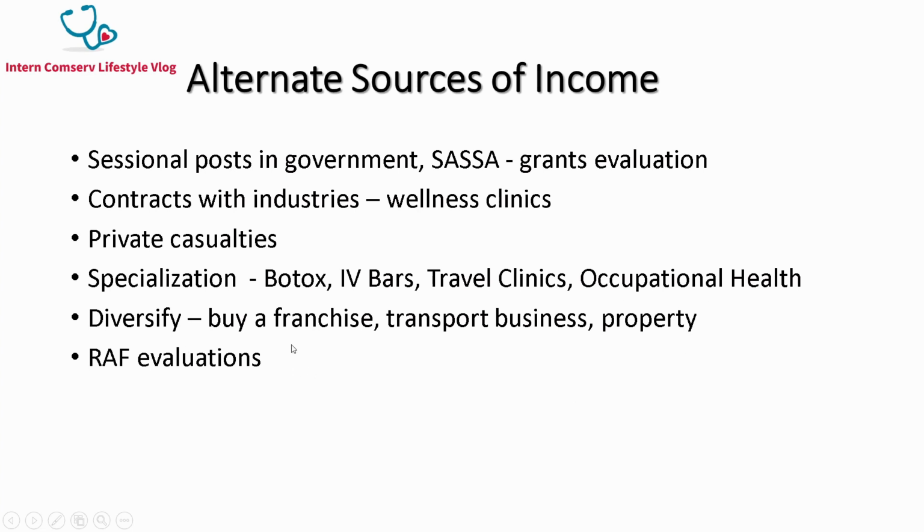Diversify, buy a franchise, transport business, property, make money online, that's the latest, do RAF evaluation. So there are alternative sources of income if you're in private practice as well.